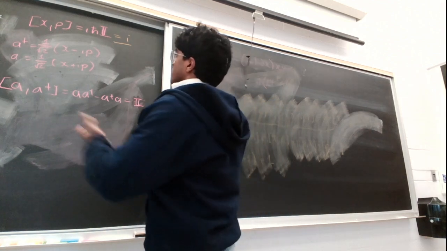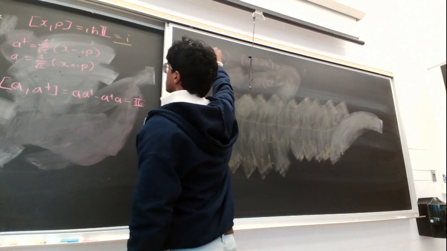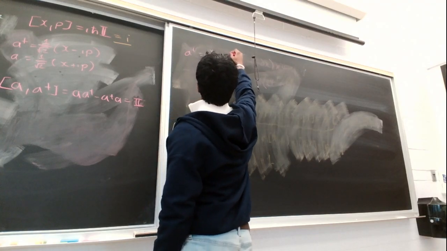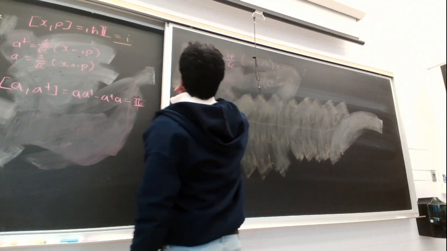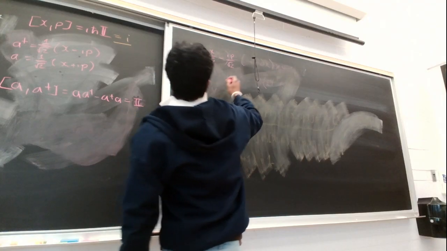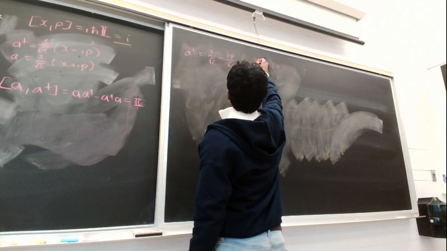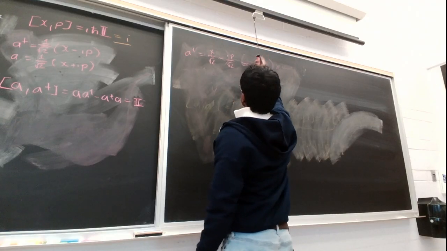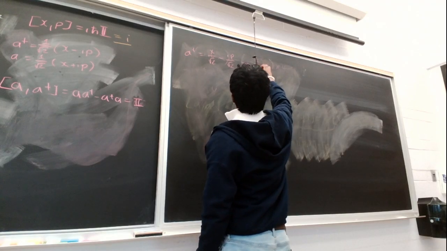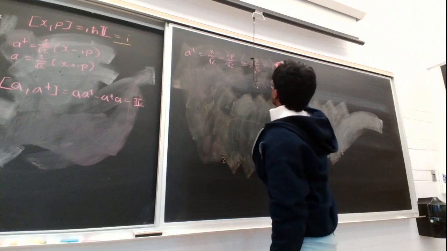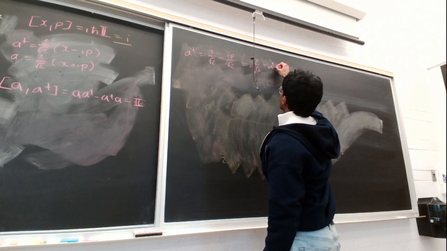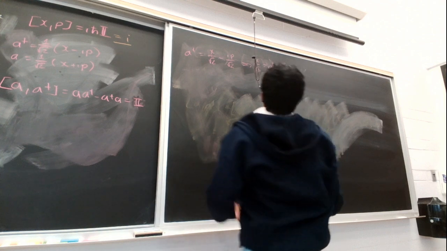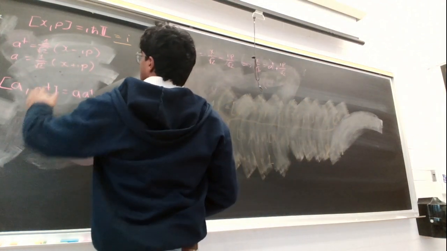Okay, so a bar is equal to x over root 2 minus i p over root 2, and that implies that x over root 2 is equal to a dagger plus i p over root 2, right? And then just replace that back into here.